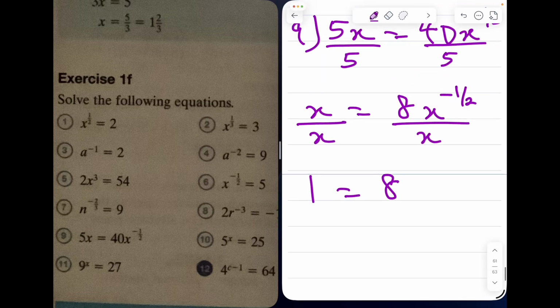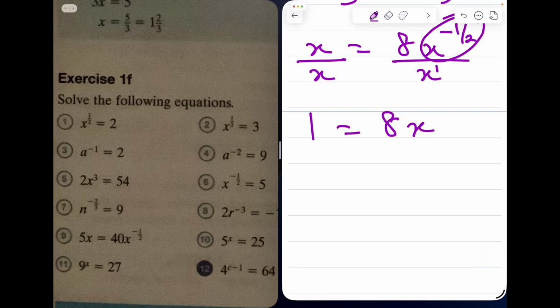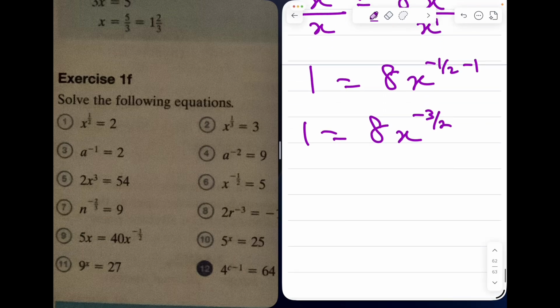X raised to power minus half divided by x means x raised to power minus half divided by x raised to power 1, because x is simply the same as x raised to power 1, and that means x raised to power minus half minus 1. So, which is going to mean 1 equals 8x raised to power minus half minus 1 is minus 3 over 2. 8x raised to power minus 3 over 2.